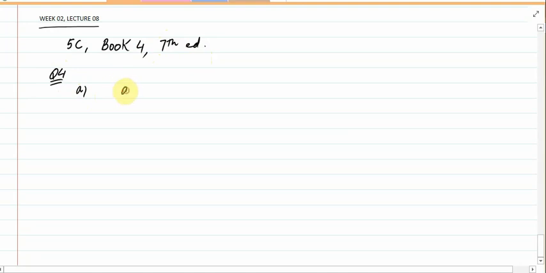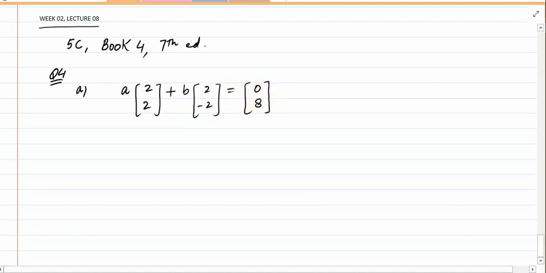It says that A matrix 2, 2 plus B matrix 2, minus 2 is equal to 0, 8, right? That is your question. We need to find the values of A and B. At first we know that if a constant or a number is written outside the matrix, it is a scalar multiplication.